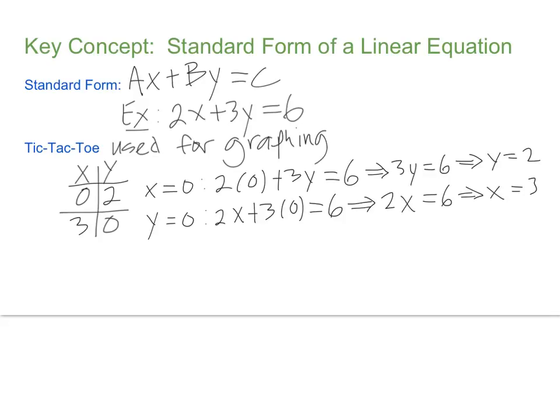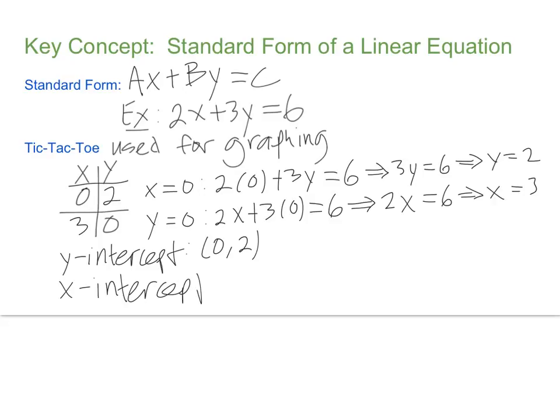So we get these intercepts. The y-intercept is at (0, 2), and the x-intercept is at (3, 0). Why is that important? Well, all I need is 2 points to graph a line, and here they are.